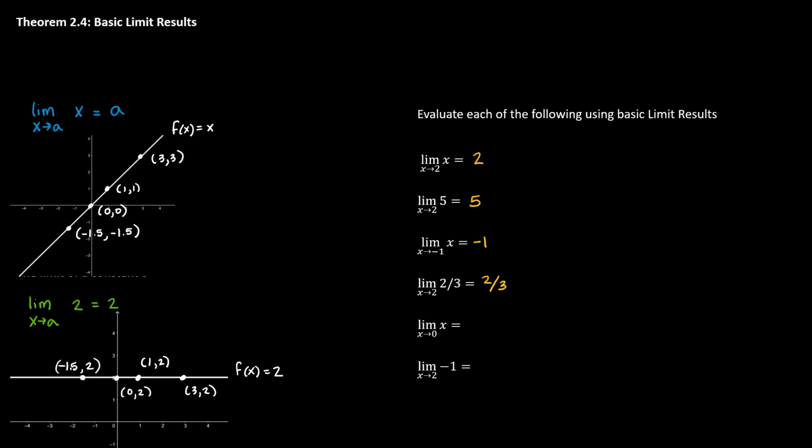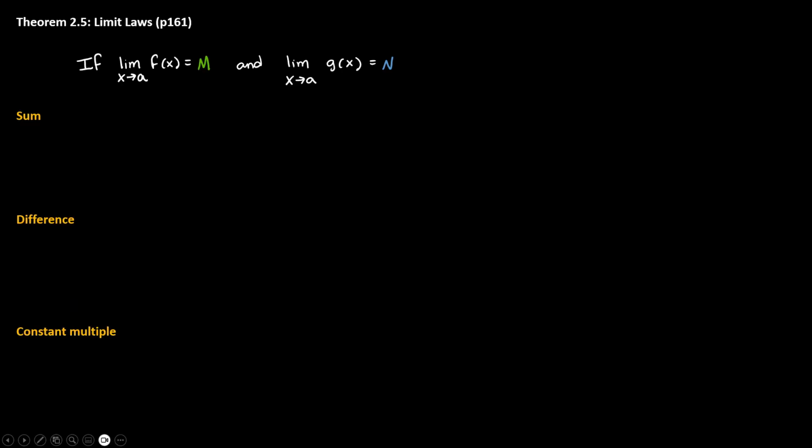Well, if x is turning into 0, then the limit of x is also 0. One more, we have the limit of a constant. The constant is -1. We don't really care where x is heading, but it is heading towards 2. So as x approaches 2, the limit of -1 is, oopsies, +1. That should not say 1, it should say -1.